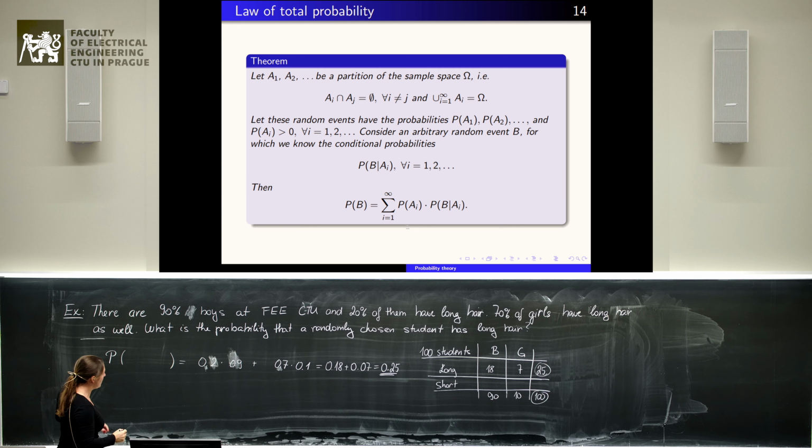We are interested in this calculation because I want to show you the meaning of the theorem which is presented on the slide. We want to calculate the probability that a randomly chosen student has long hair.